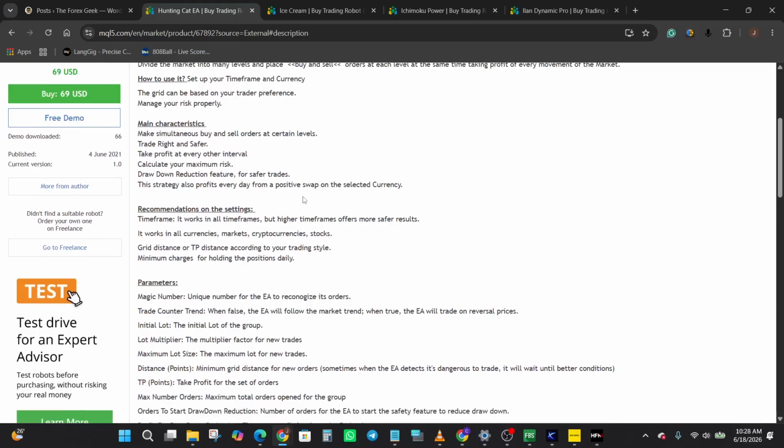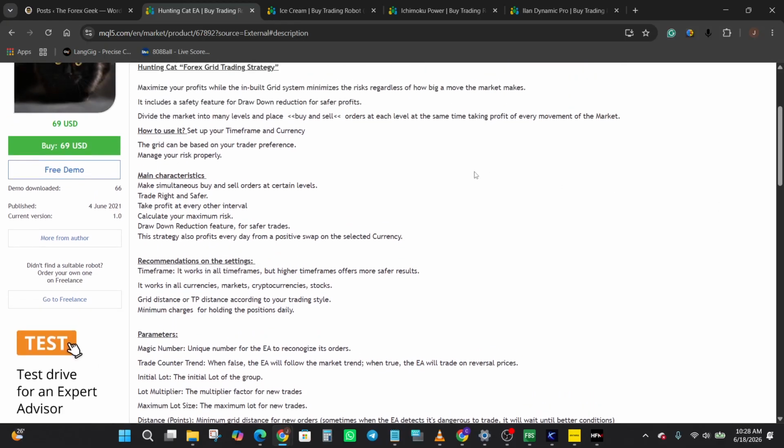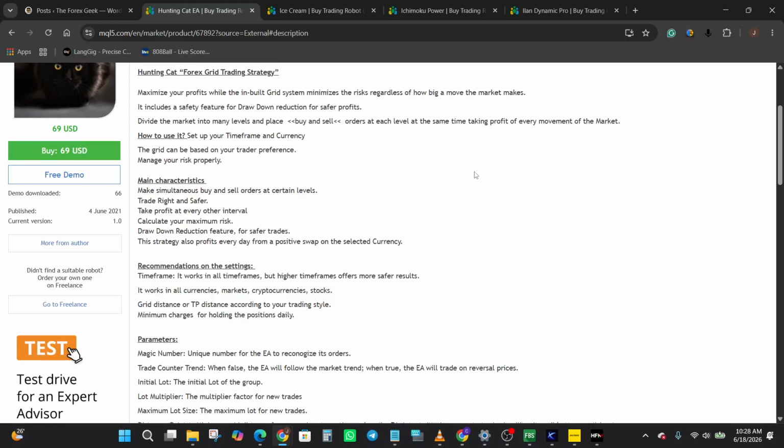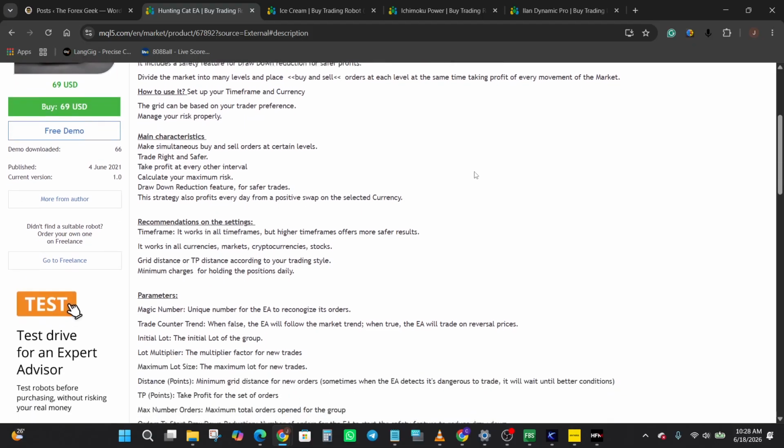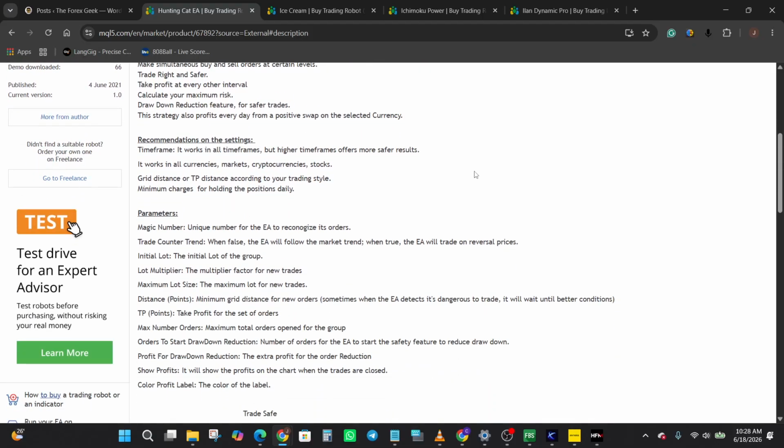Another point worth noting is that Hunting Cat is described as working across currencies, markets, cryptocurrencies, and stocks, giving traders a wide range of potential instruments to explore. However, as always, individual testing is important before applying any strategy to a live environment.